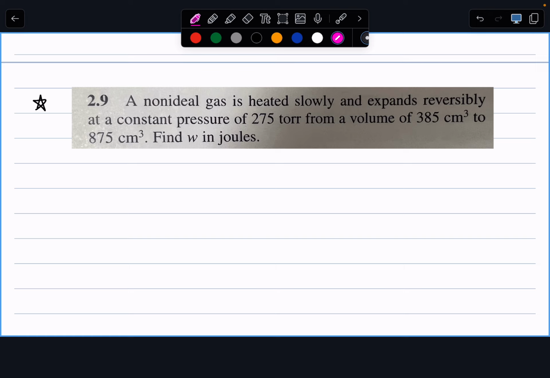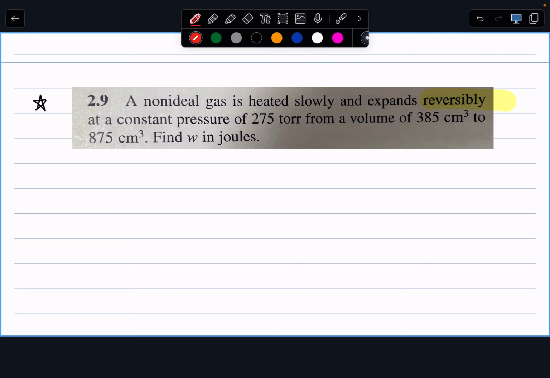So this is the example question we have. You can read it together. A non-ideal gas is heated slowly and expands reversibly at a constant pressure of 275 torr from a volume of 385 cubic centimeters to 875 cubic centimeters. Find the work in joules.